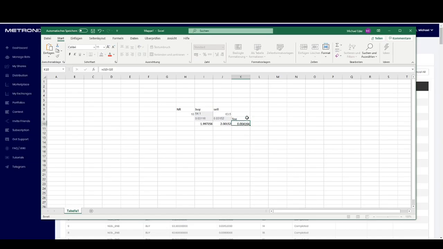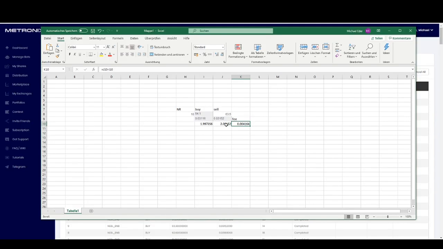Because this is our fee. We always take care to pay the fee with the BNB coin, because here we can save 25% commission, and that's why we always make sure we have BNB in our balance, so we can pay the fee with BNB. And if I open a trading slot with option number 4, the fee is always included.